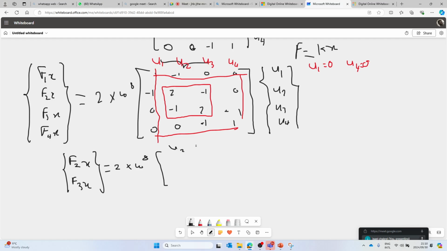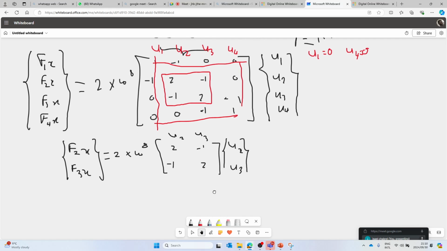Simply U2 and U3, which is these two here, which is 2, minus 1, minus 1, 2. Now, remember vector multiplication, my people. This one should be U2. This one should be U3. Any question first, guys?